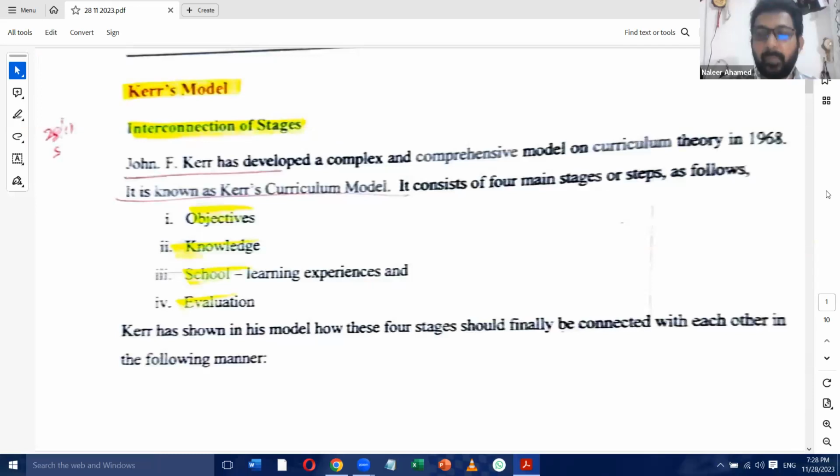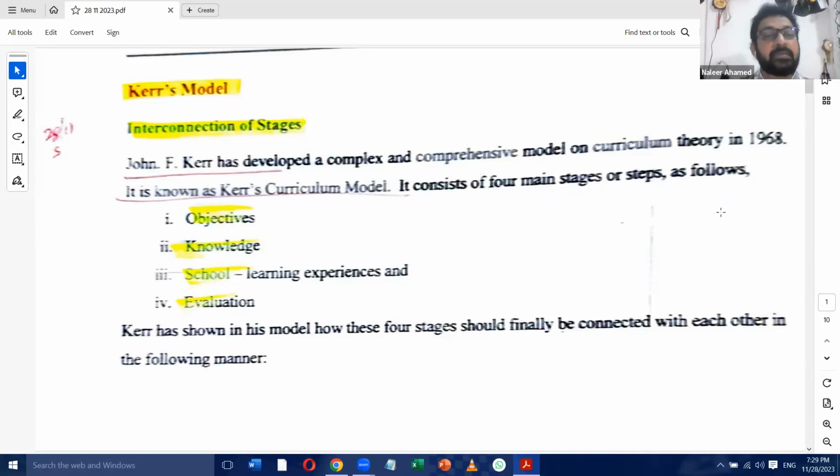So this is called Kerr's model, the third one. In this model there is a speciality that I was talking about yesterday: all four elements have connections to and fro, in either way.